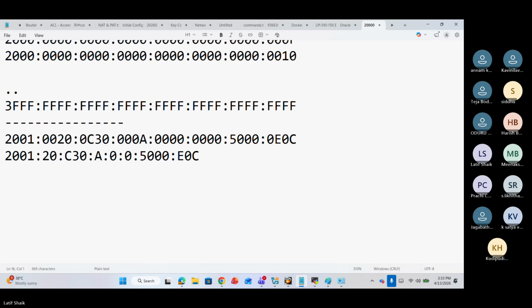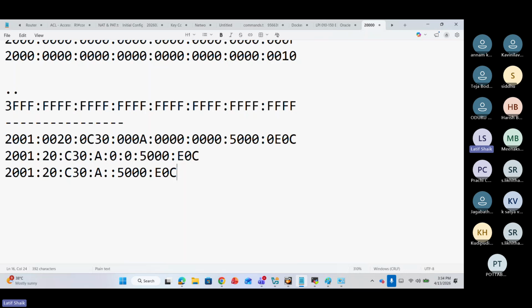Second one. If you see two zeros side by side, we can also compress that. 2001 colon 0020 colon 0C30 colon 000A colon 5000 colon 000E colon 0C. See, where there are two zeros side by side, we can make it a single colon.